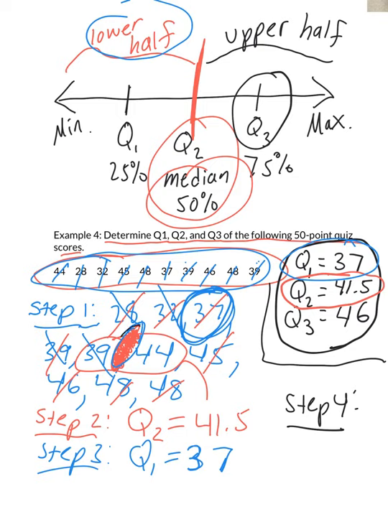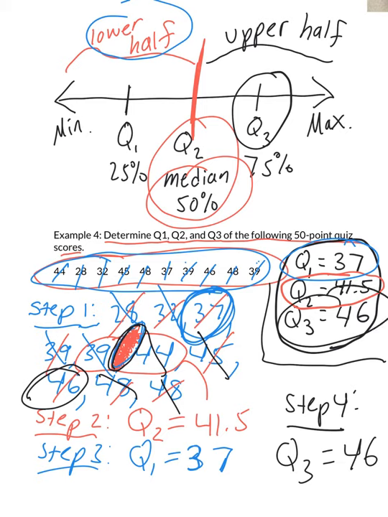So here was my scribbled divider, where 41.5, quartile 2, lands. Now start slashing everything to the right of that, everything larger than that. So that means goodbye 44 and 48. 45 knocks out 48. And the middle number there is 46. And that's what we got on the calculator as well.